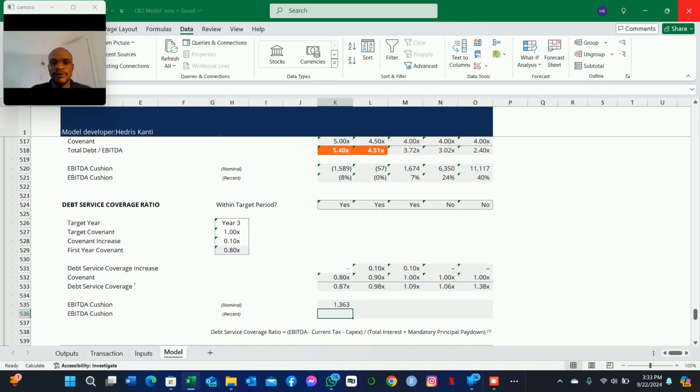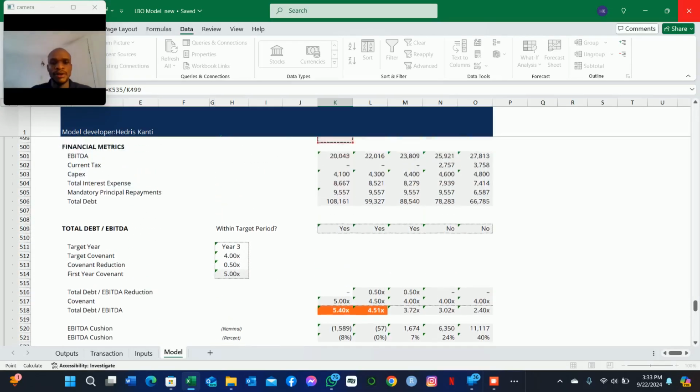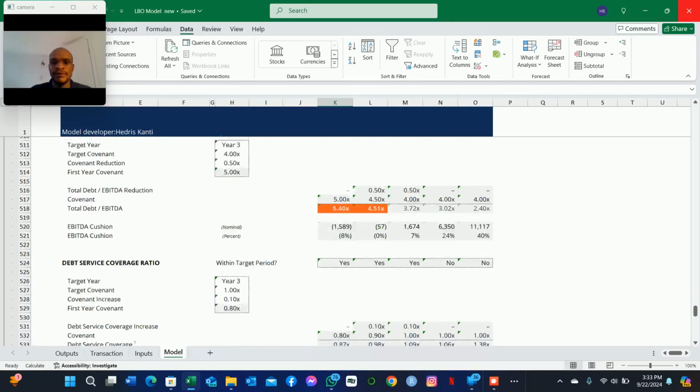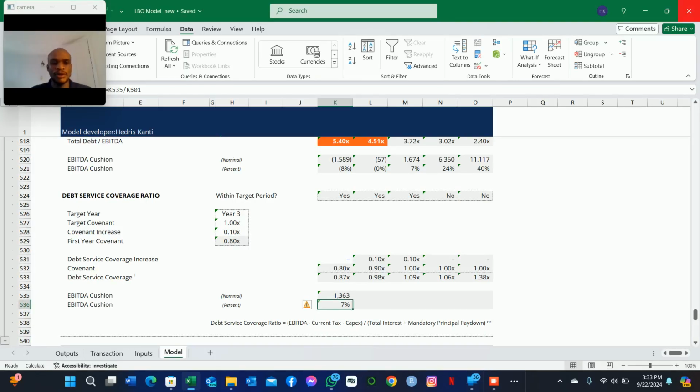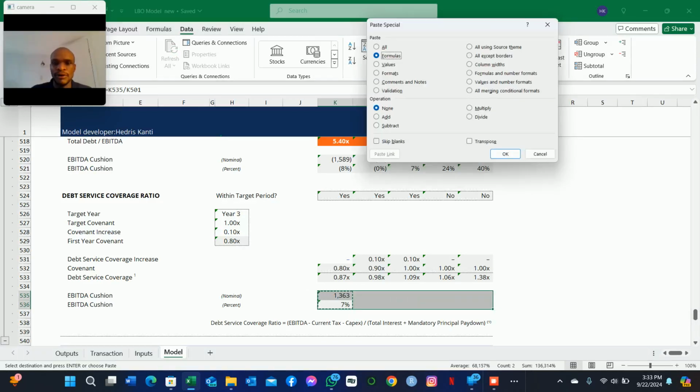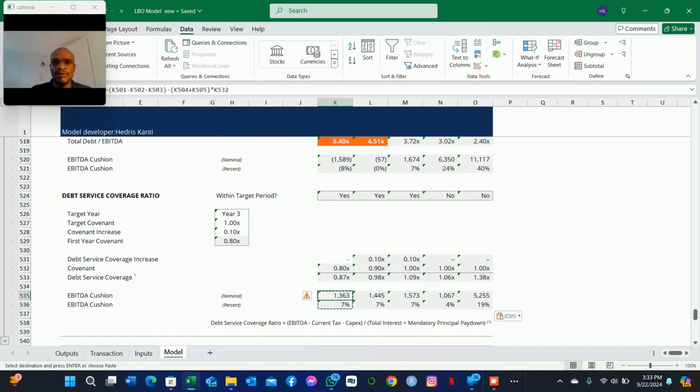So all what we are seeing here is that if we take this as a percentage of EBITDA, which is earnings before interest, taxes, depreciation, amortization, we have it there in this first year of 7%. So we can copy all these formulas.